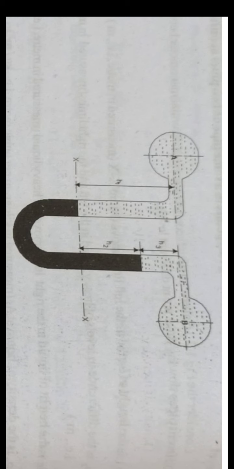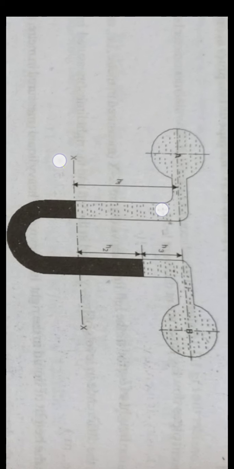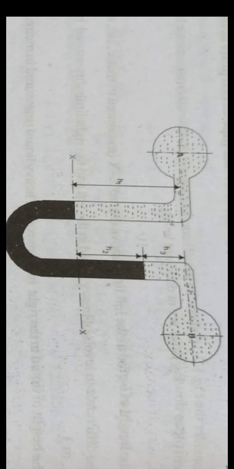You can see H1, the height of the liquid column in the left limb of the manometer. H3 is the height of the liquid column in the right limb, that is the height of liquid coming from pipe B. And H2 is the height of the manometer liquid from the datum XX.